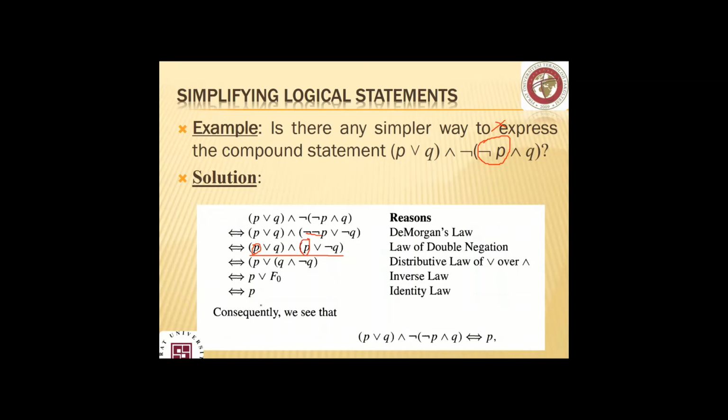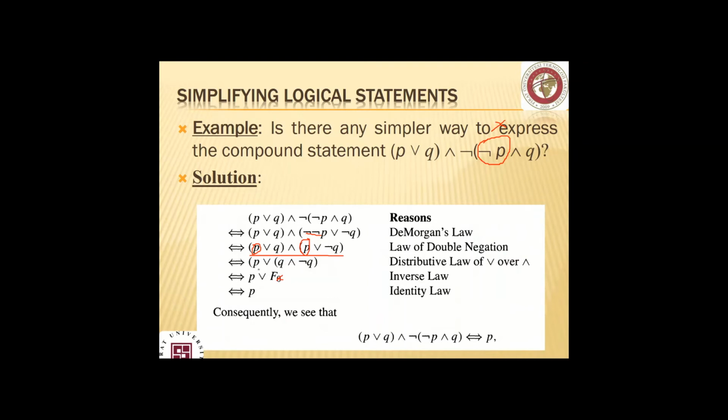For this reason the distributive law applies, distributive of OR over AND, and in that case what we are going to have is P or (Q and not Q). Now, do you remember Q and not Q is always false? This one is just F, always false.